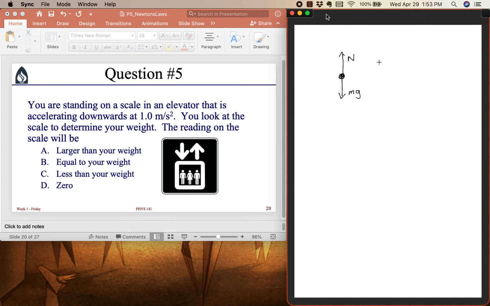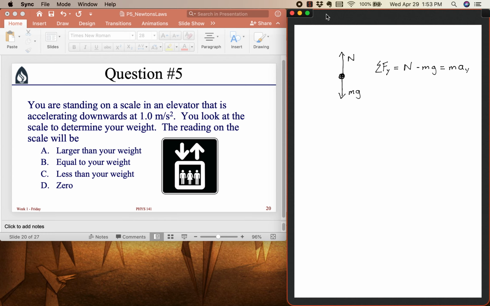So the sum of the forces in the y direction is going to be your upward normal force, and then gravity is acting in the minus direction, so minus mg, and that's going to be equal to your mass times your acceleration in the y direction.